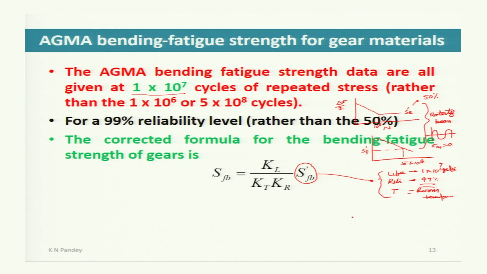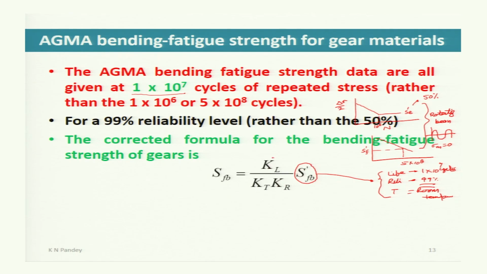Now, you may design a gear for a life other than 1 into 10 to the power 7 number of cycles, or reliability other than 99%, or temperature other than room temperature. So this SFB dash which you have obtained from AGMA data is to be modified, and this is modified with 3 factors.